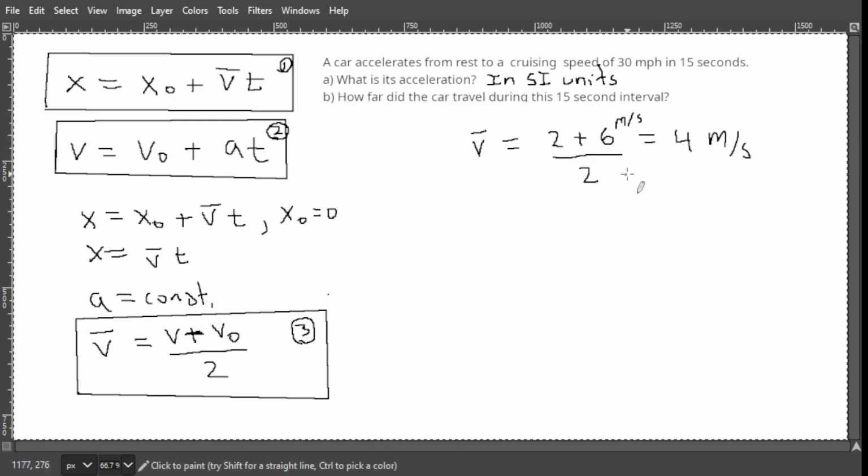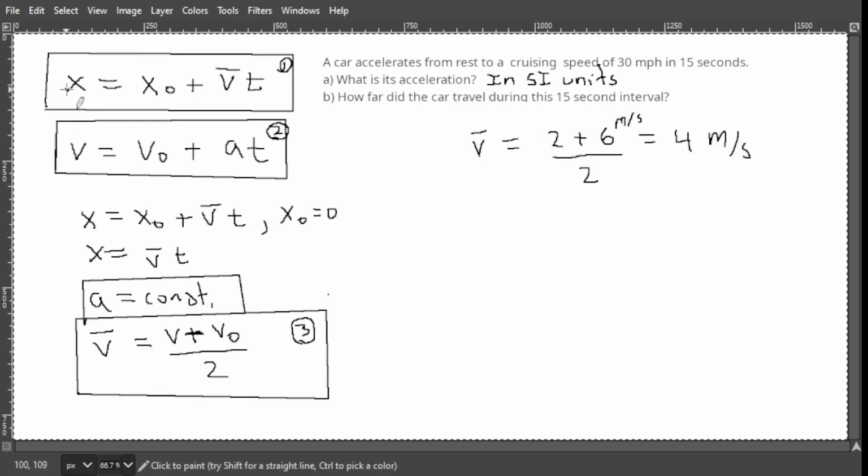This is 2 plus 6 meters per second divided by 2 is 4 meters per second. So we could do some more examples like that where we're just testing it out, where we can physically see from the simulation that this is the case when acceleration is constant. And this will allow us to get a couple more equations. So what more equations could we get here?